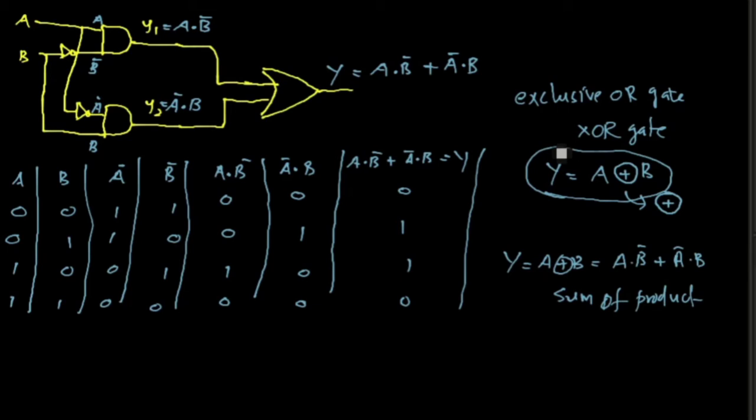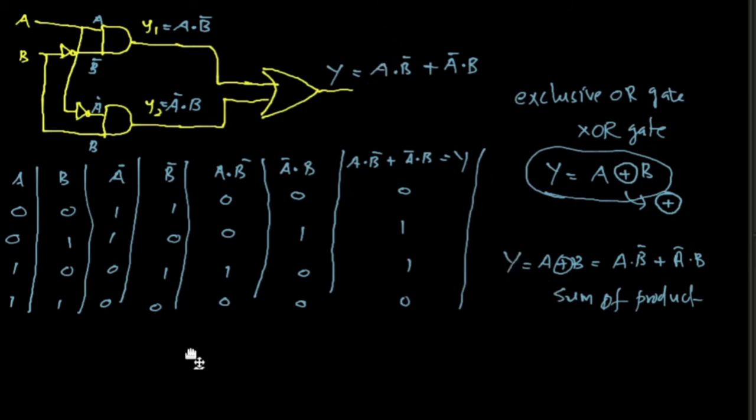So that is the exclusive OR gate. This is a particular type of logical circuit that can be formed from the fundamental gates. Remember that it is in the sum of product form.